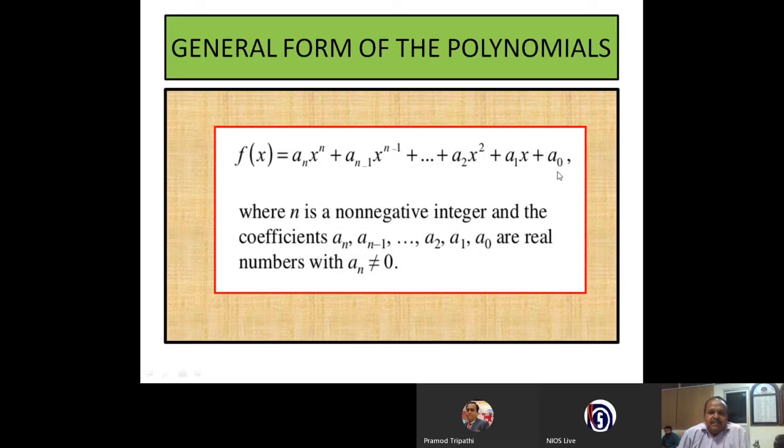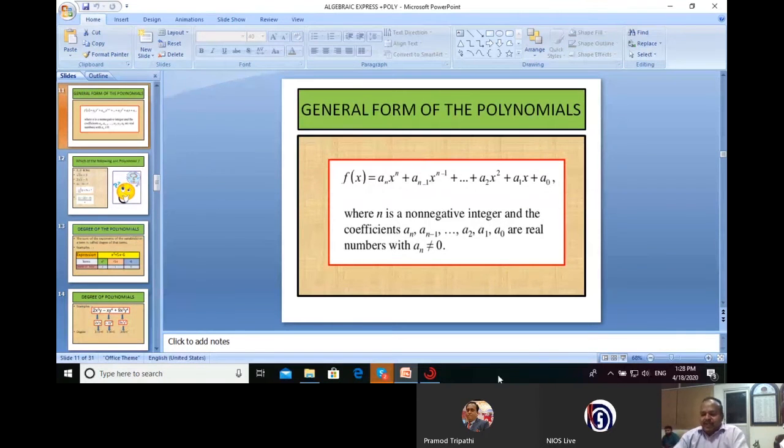The coefficients a_(n-1) and so on up to a_0 are all real numbers except a_n, that is the leading term, where the coefficient of the leading term should not be equal to 0. The important thing is x raised to the power n, where n must be a whole number or a non-negative integer.